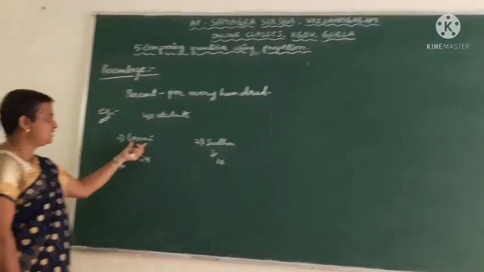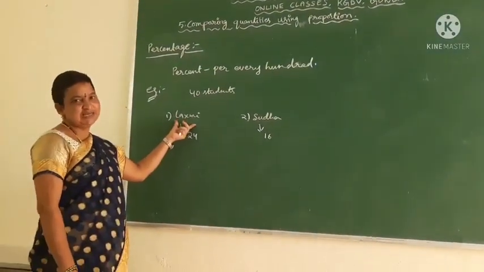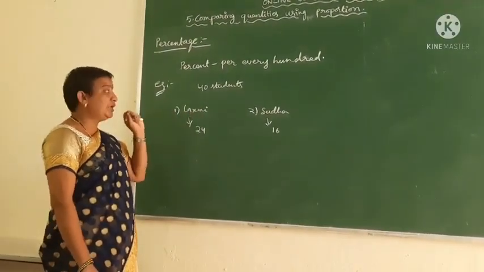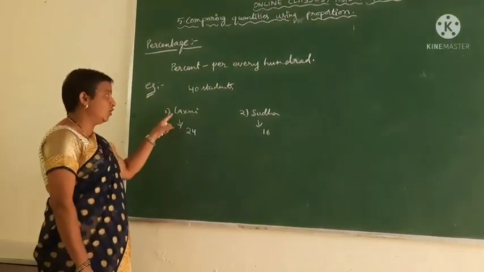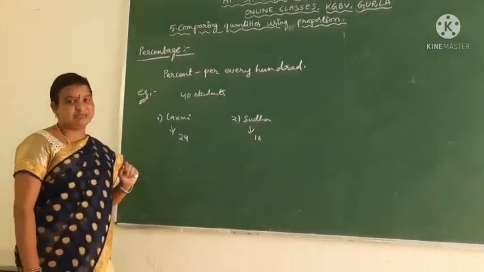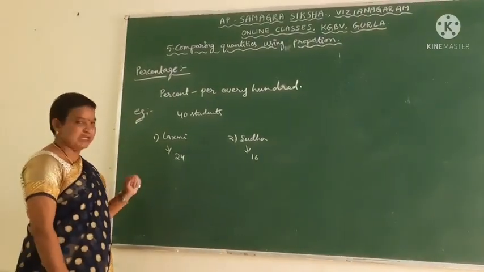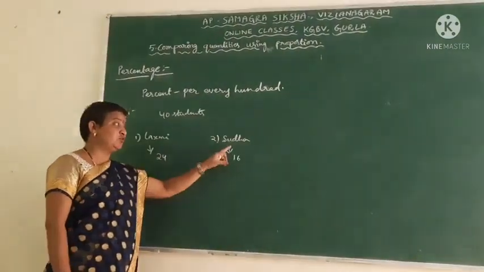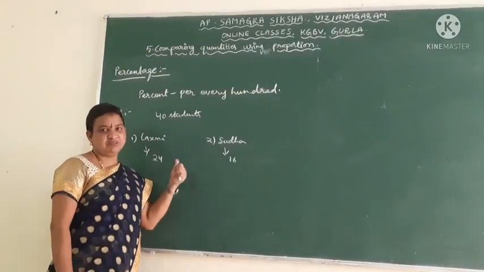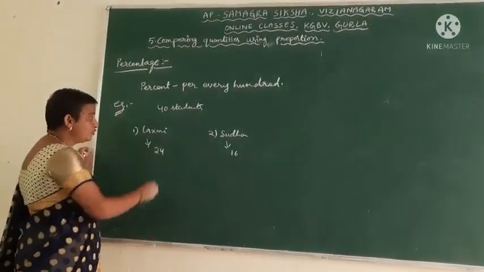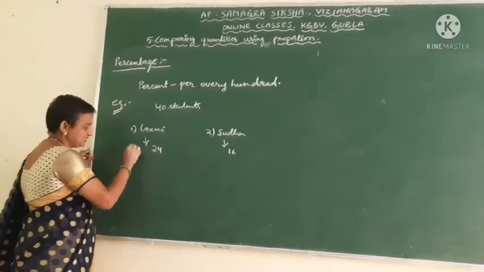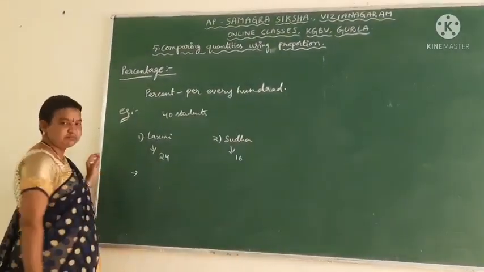So Lakshmi was elected as a class member. Now we have to find what percentage of votes Lakshmi got and what percentage of votes Sudha got in these elections. How can you find the percentage for Lakshmi?